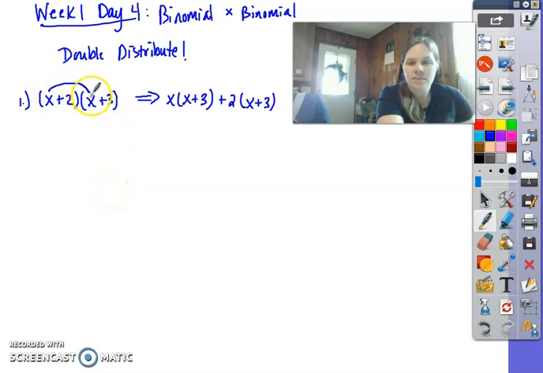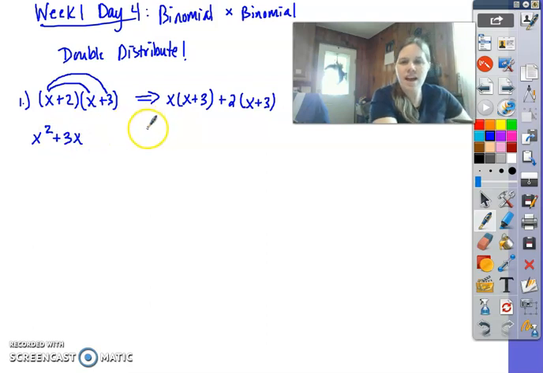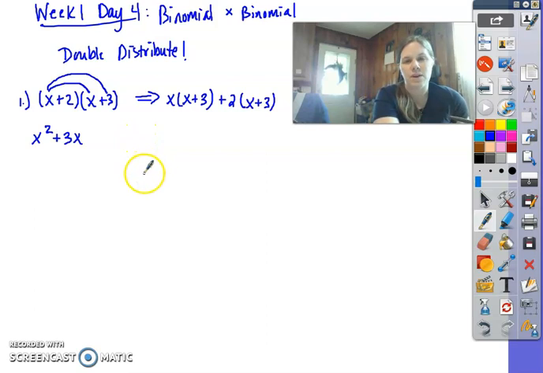First we tackle x times x, and hopefully everyone by now knows that x times x is x squared. And then we'll do x times 3, which is 3x. So now that x has been distributed or handed out to both of the terms in the second binomial, now we can go to the 2. Too many loops on top looks really busy, so I tend to draw my loops from the second term on the bottom.